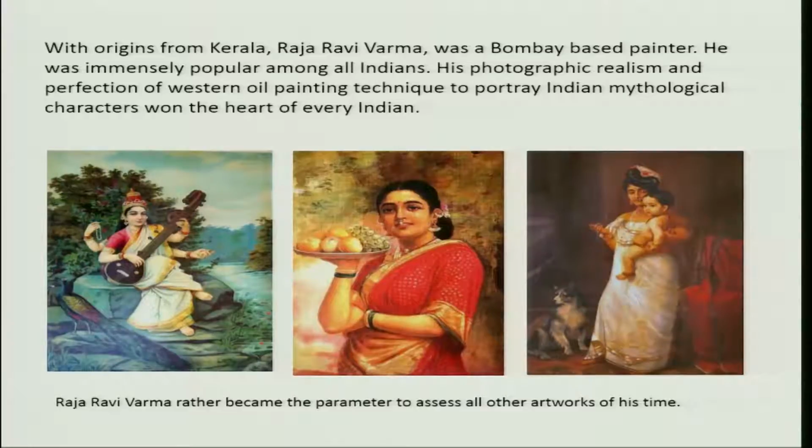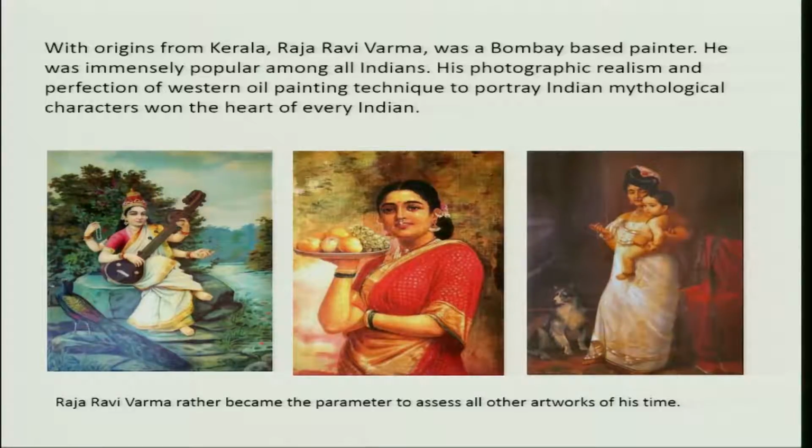Raja Ravi Verma rather became the parameter to assess all the artworks of his time. What we see here is he is choosing subject matters from the mythological characters. Often they're just as secular as the lady with the baby.